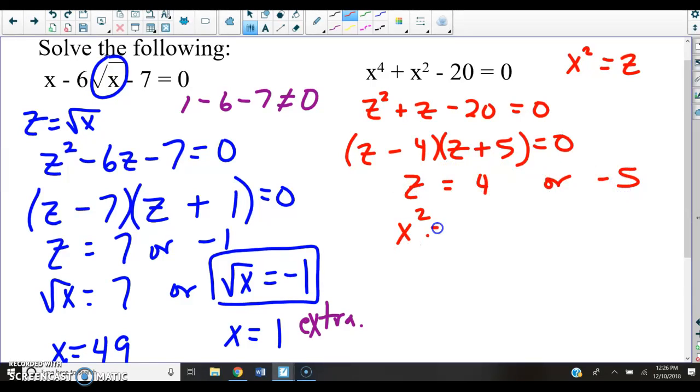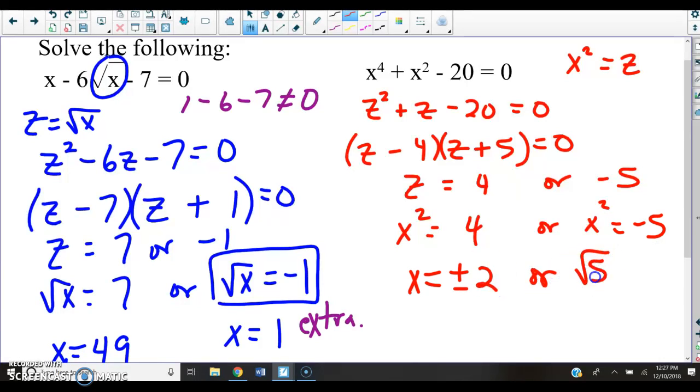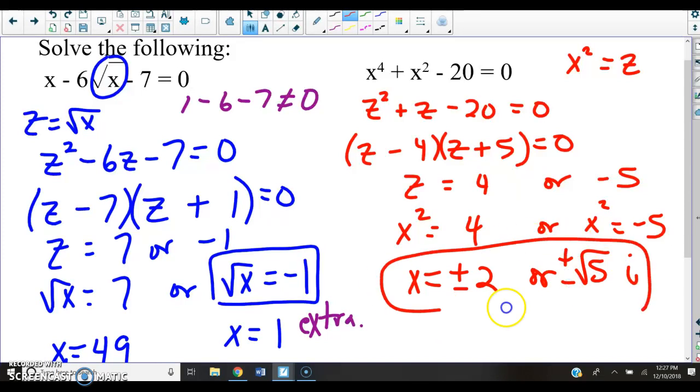So x squared equals 4, or x squared equals negative 5. Remember, when you square root, you get plus or minus. And here, when you square root the negative 5, don't forget you get the i. So again, you got 4 solutions, but that shouldn't be surprising because you started with an x to the 4th. This one, we only ended up with 1 solution, but we had x to the 1st.